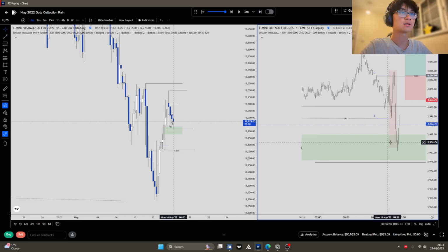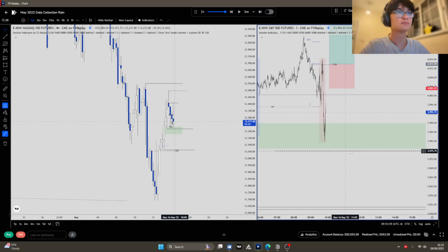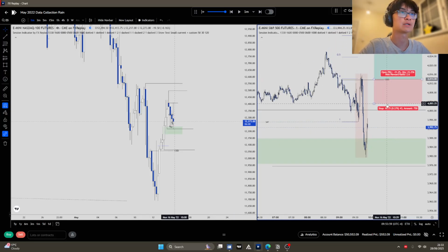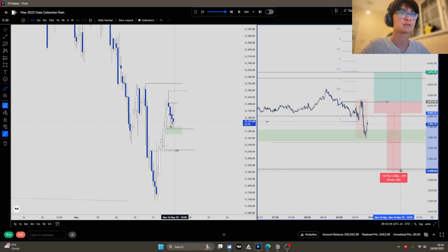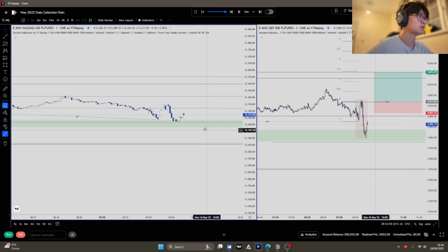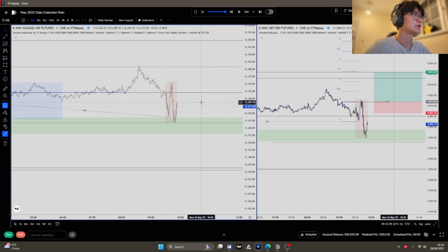We're gonna keep playing. SMT taken out. Equal lows taken out basically. And wait, let me check the points. Okay, so probably this is the main draw for me. EQ.